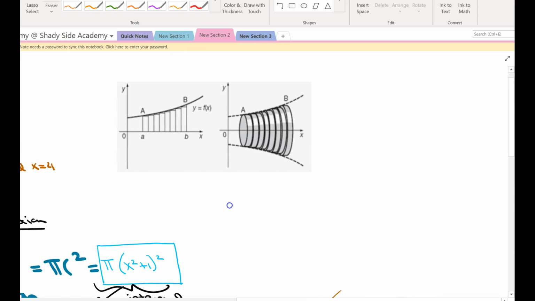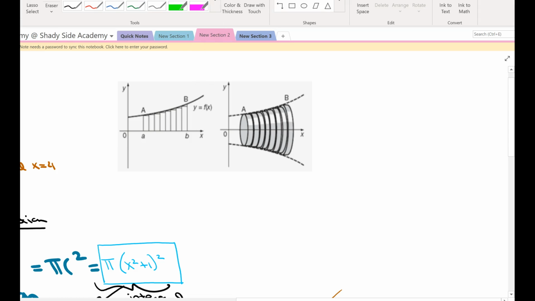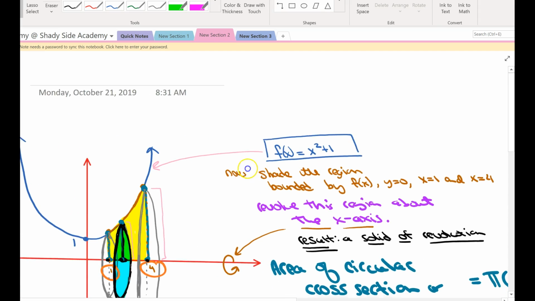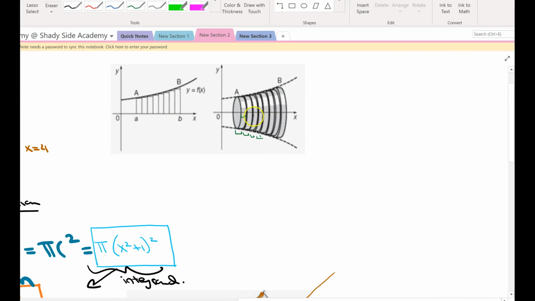I'm going to go back up to the visual. Here is another rendering of this solid that we're working with. You'll see that each of these cross sections has a little bit of thickness, and that thickness is dx. If you think about the solid of revolution, you could think of it as a sum of these cylinders.